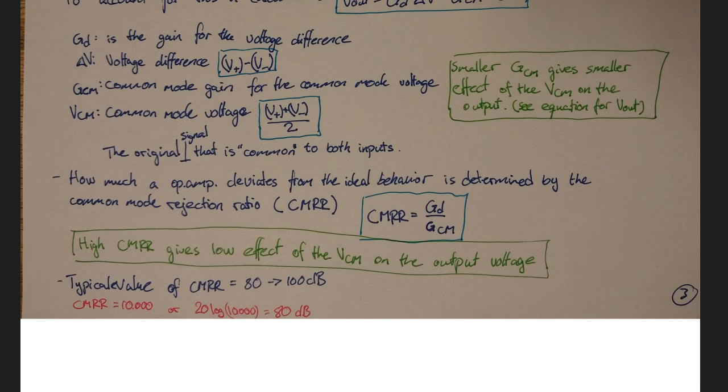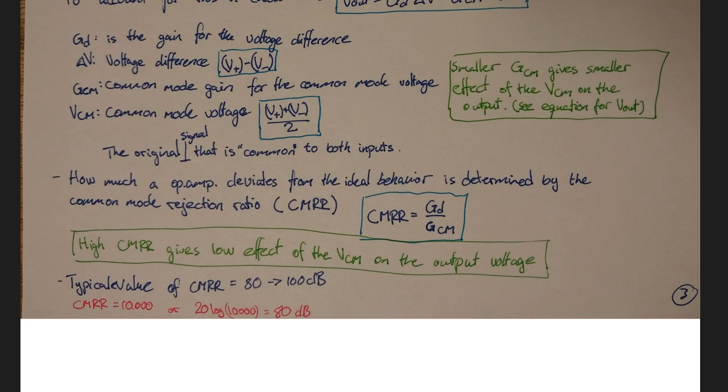How much the op-amp deviates from the ideal behavior is determined by the common mode rejection ratio, which is the ratio of the gain for the voltage difference to the common mode gain. And you can see that a higher common mode rejection ratio gives a lower effect of the common mode voltage on the output voltage.